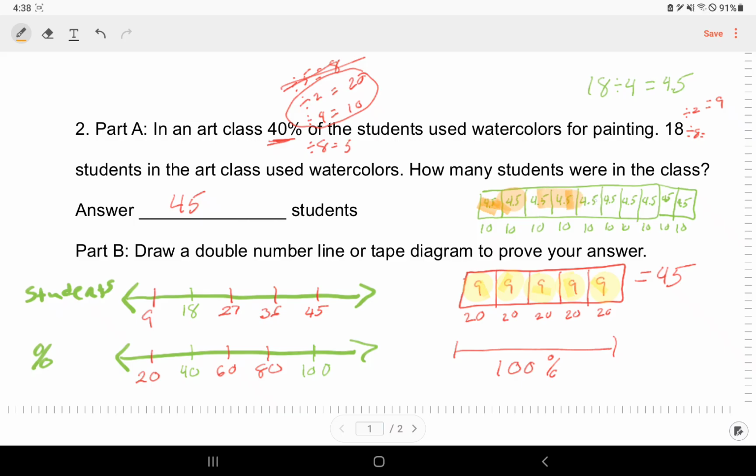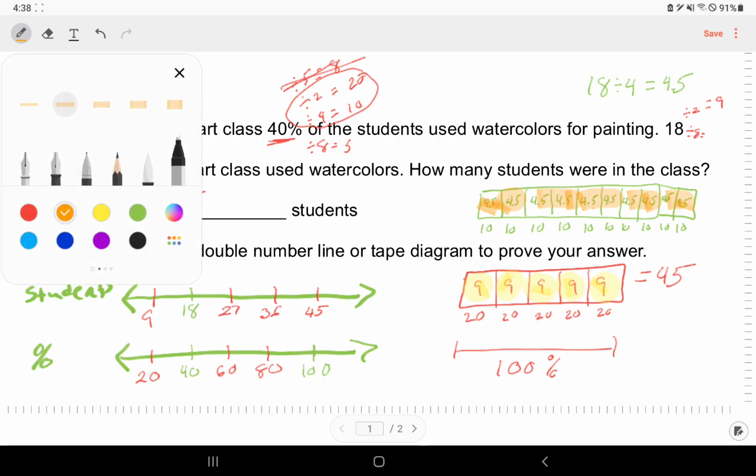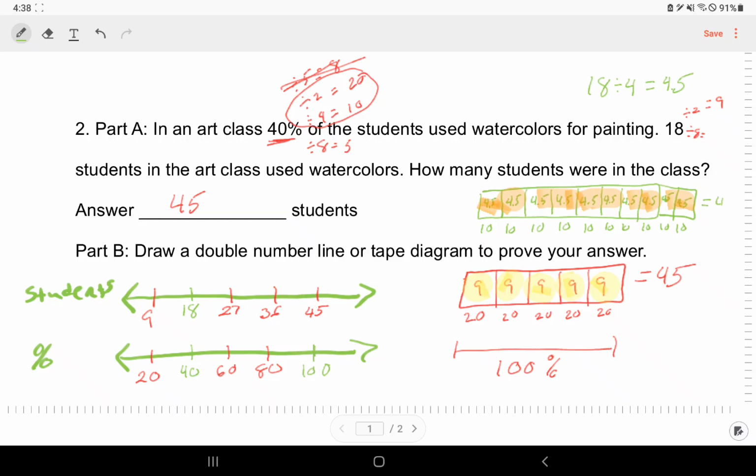So that's 18. 2 more makes another 9 for 27. There's another 9 for 36, and another 9 for 45. Okay, different approaches, still get 45. And so, like I said, it's easier if you start with part B to answer part A.